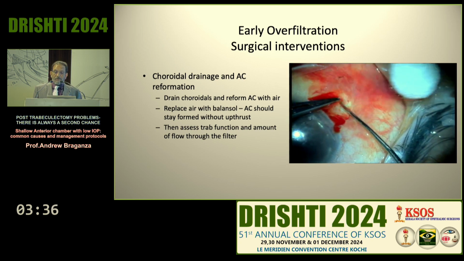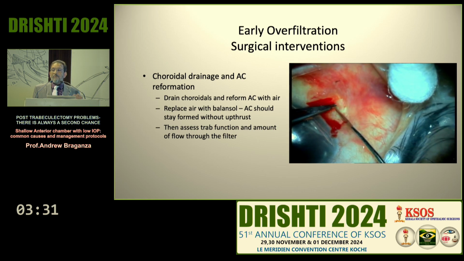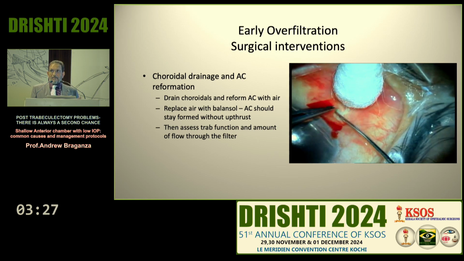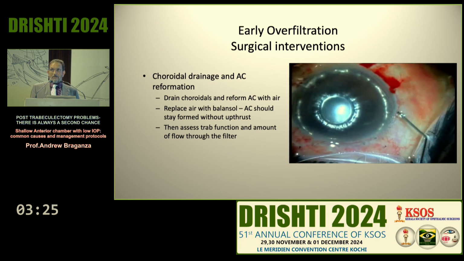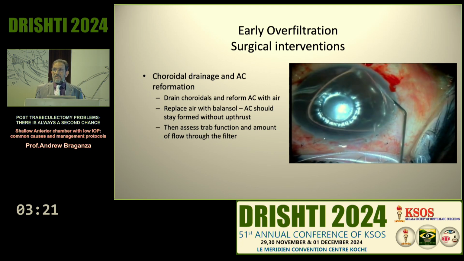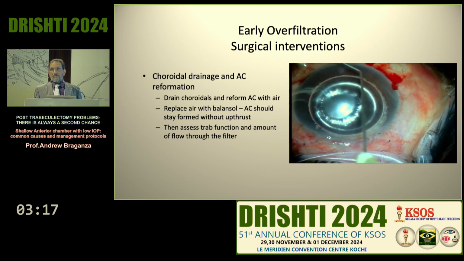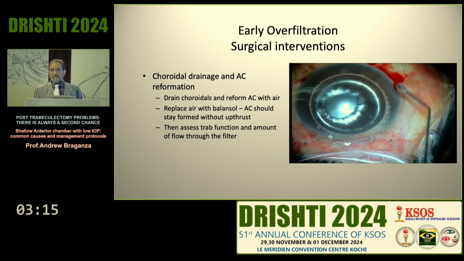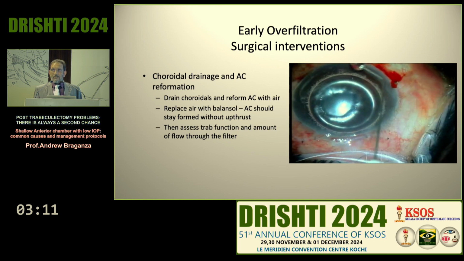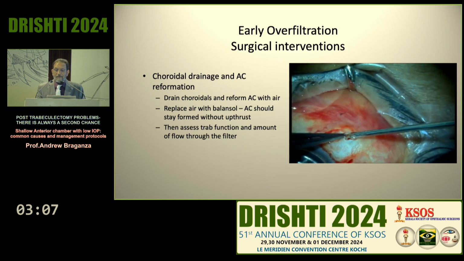It's important to realize, you can see a lot of fluid flowing out now, that you need to reform the chamber not with air, but with balanced salt solution, with a liquid, which is retained there without flowing out. Air will be retained even against pressure and upthrust, whereas a liquid will not be. So here you see that the chamber has been reformed and it's staying formed.